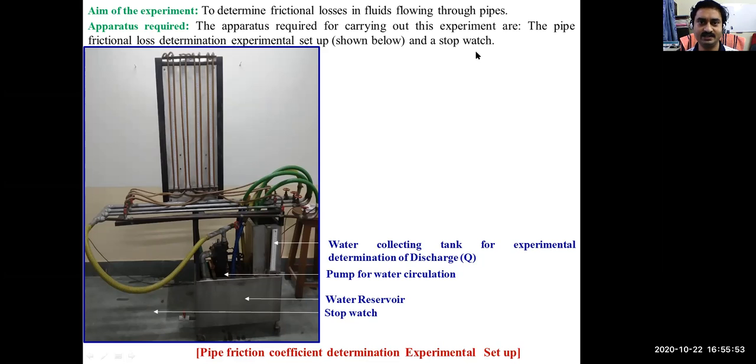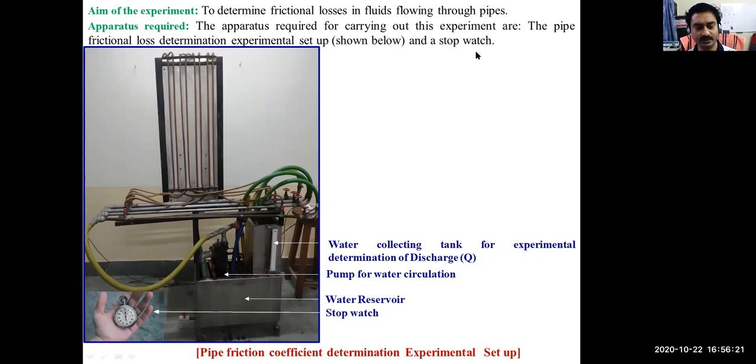How are you calculating discharge? You have a collecting tank. You allow the water to get collected in that tank. The cross-sectional area of the tank is known to you. You measure how much time is taken for filling that tank up to a certain height. That height you fix as per your convenience, maybe 10 centimeters, maybe 15 centimeters, and the cross-section is known to you. You calculate the time required through a stopwatch.